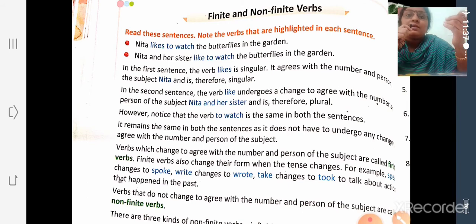Tense means present, past, future. And number means singular, plural. So if a verb changes according to the tense, number or person in the given sentence, that verb is a finite verb.